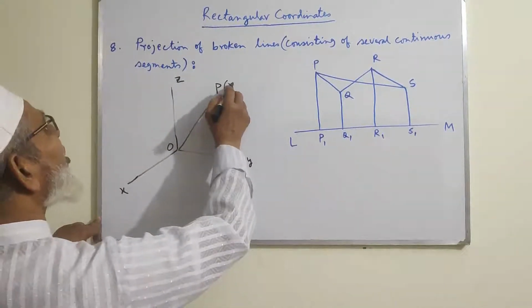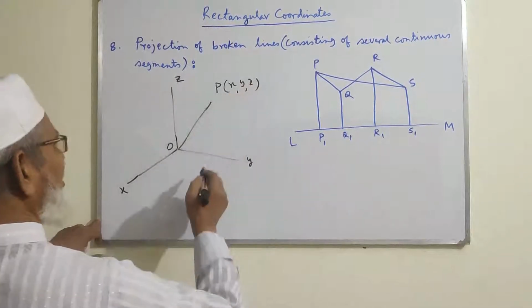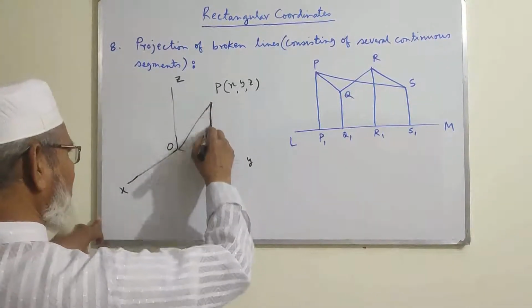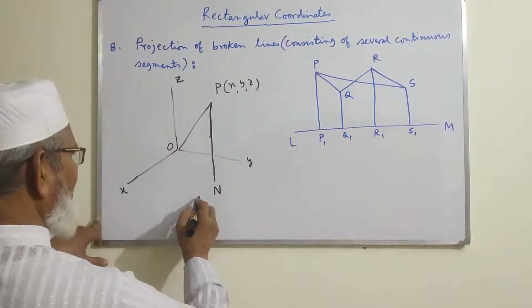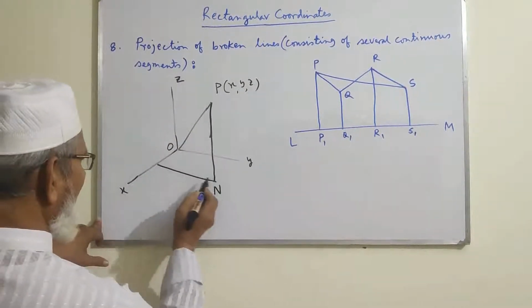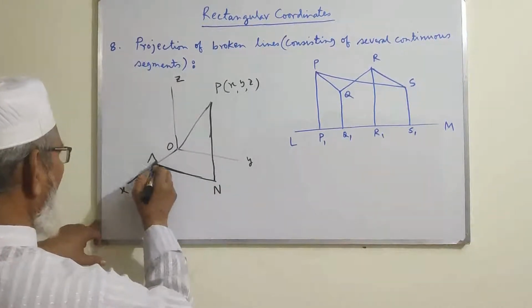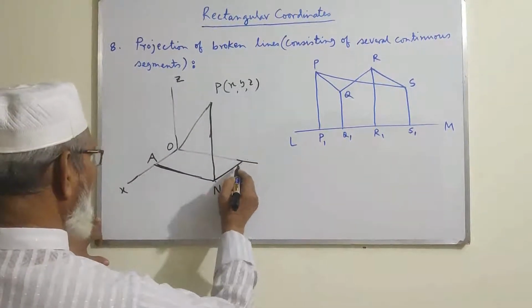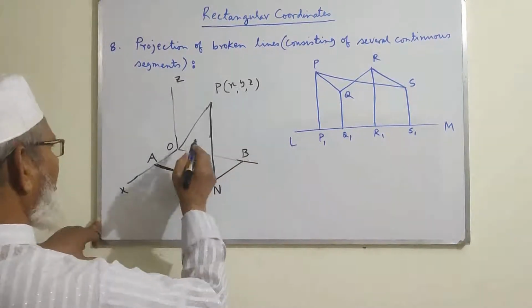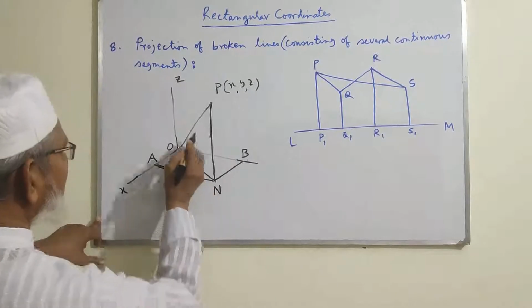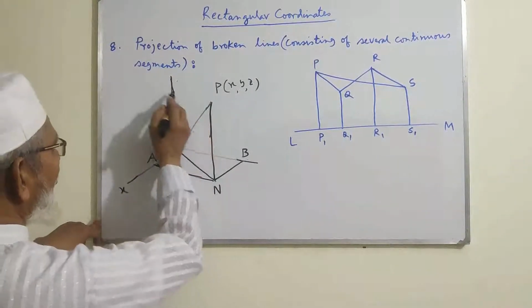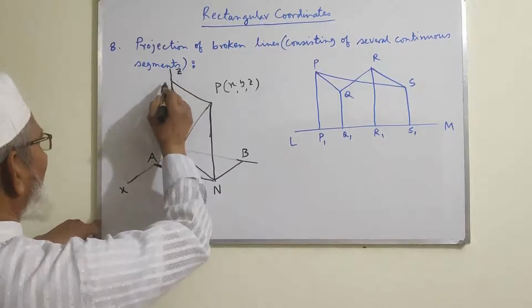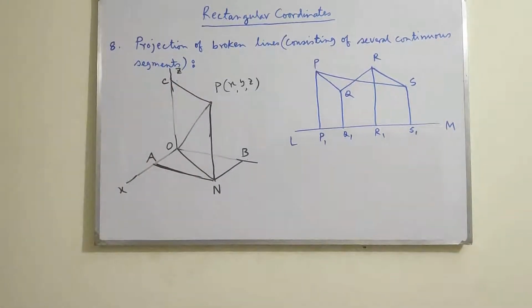OP is a line whose coordinate is x, y, z, so that the points x, y, z can be taken as P. This is the figure.